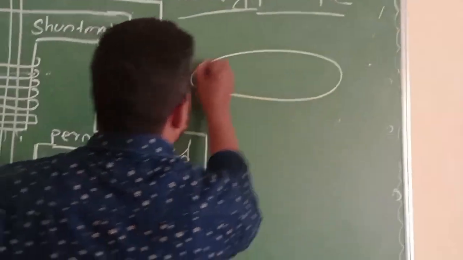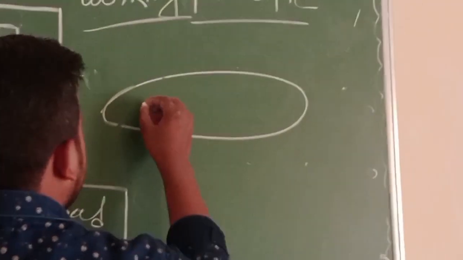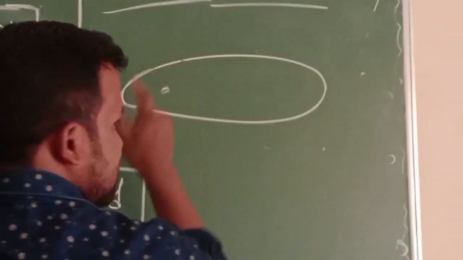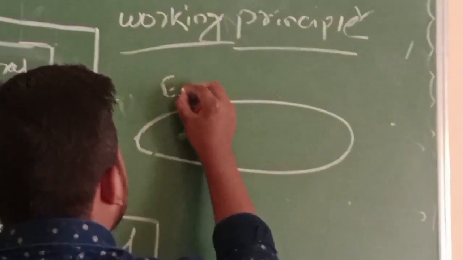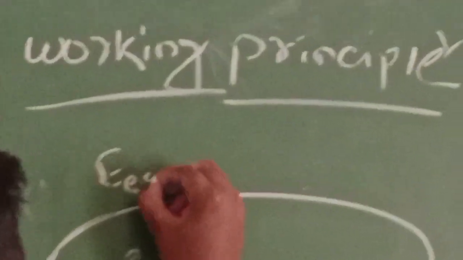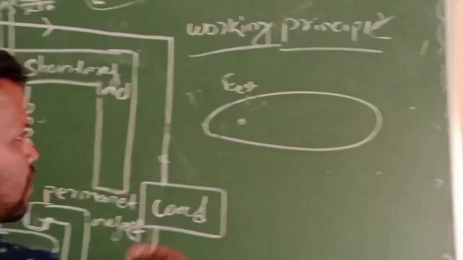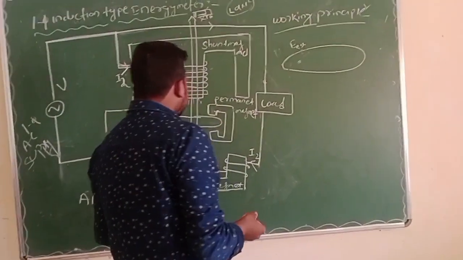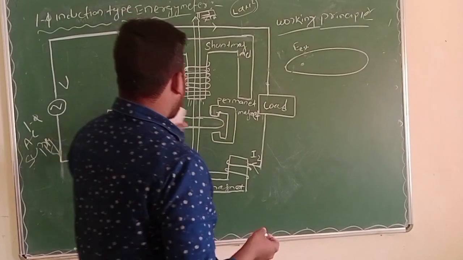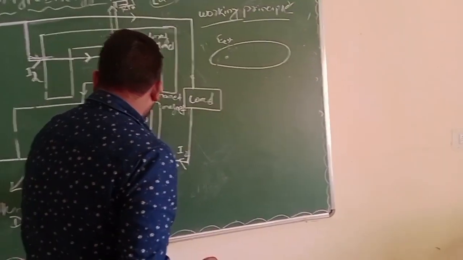This EMF is known as the shunt field EMF, and this EMF will develop a current, which is known as eddy current.